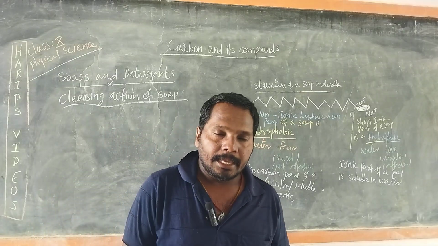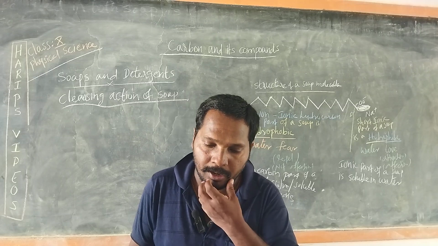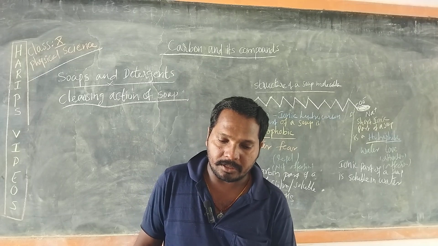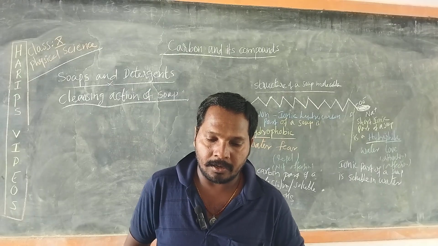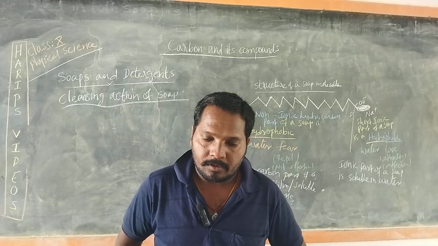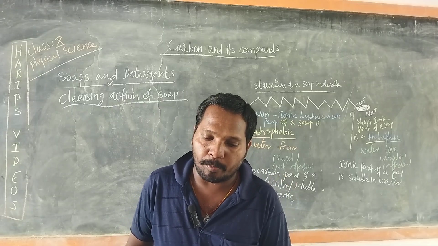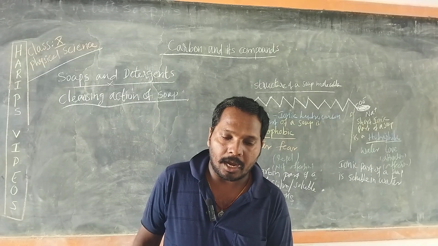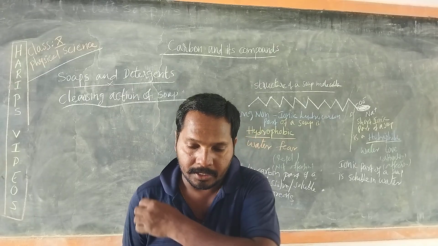So these ionic parts are attached to the water molecules. Finally, the short ionic part of the soap molecule is soluble in water, so it can attach to the water particles.